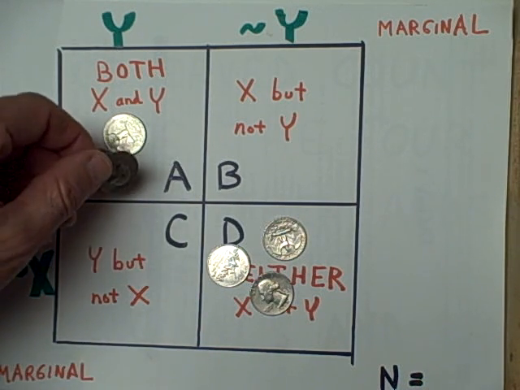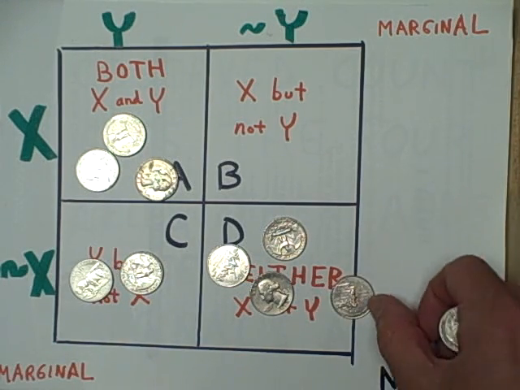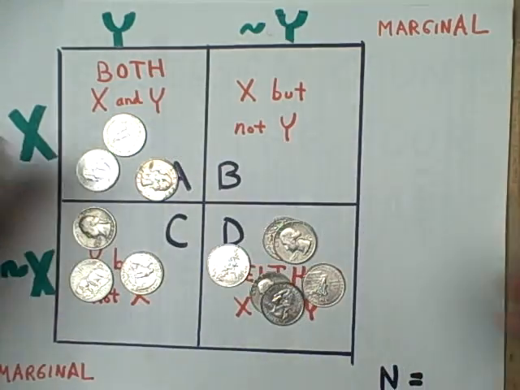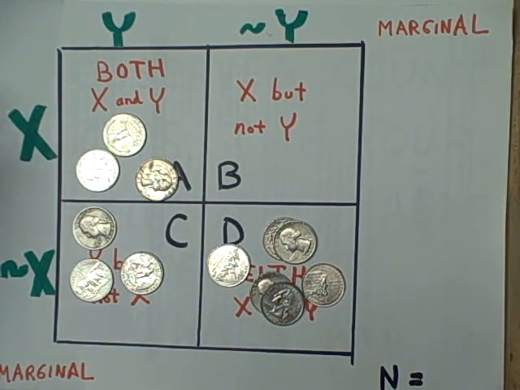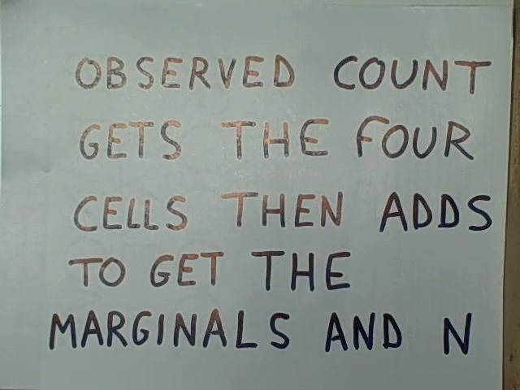And we observe another case over here, a case over here, and so forth, and we end up with our individual observations being noted. The observed count in the four cells is what we're going to record.